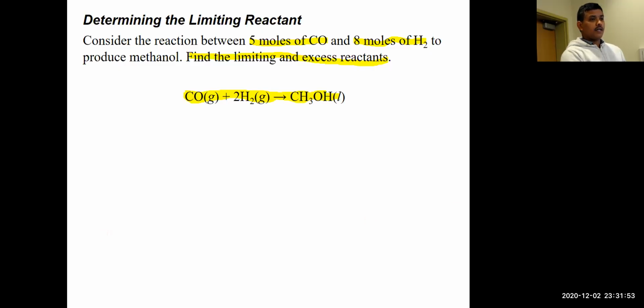So this is how you would identify. You would first identify how many moles of the other reactant would be needed if you start with these many moles of CO or H2. So, ideally, if you start with 5 moles of CO, how much H2 are you going to need to completely react with 5 moles of CO?